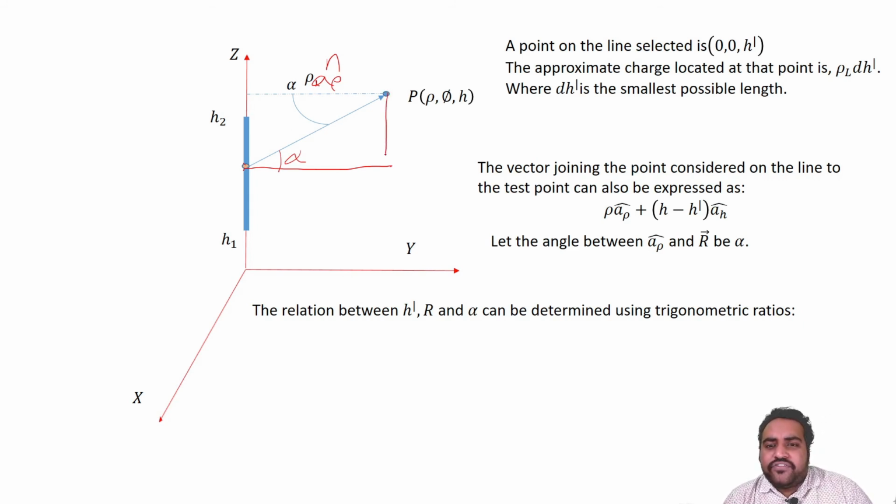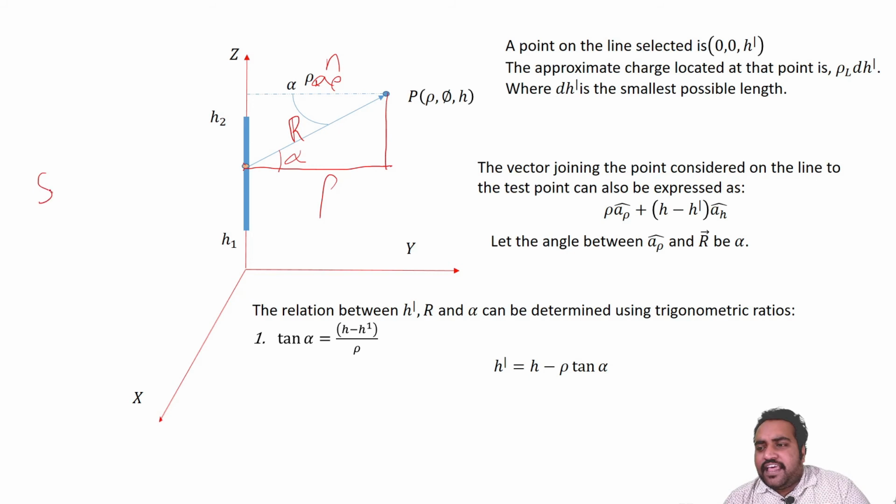This h minus h prime, alpha, rho, and r formed a beautiful right angle triangle. From trigonometry, I can say that sin alpha is h minus h prime by r.